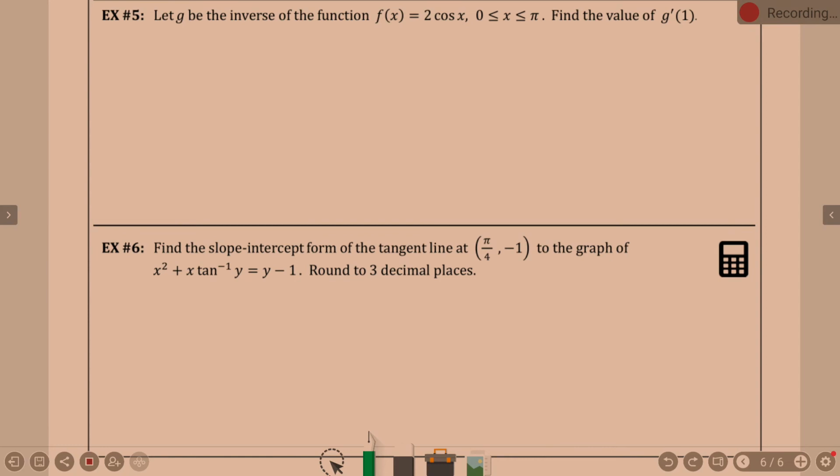G is the inverse of the function. So basically right here, they're saying g is f inverse. So when they're asking you to find the value of g prime of 1, they're asking you to find the derivative of f inverse of 1. That's what your brain has to connect here.